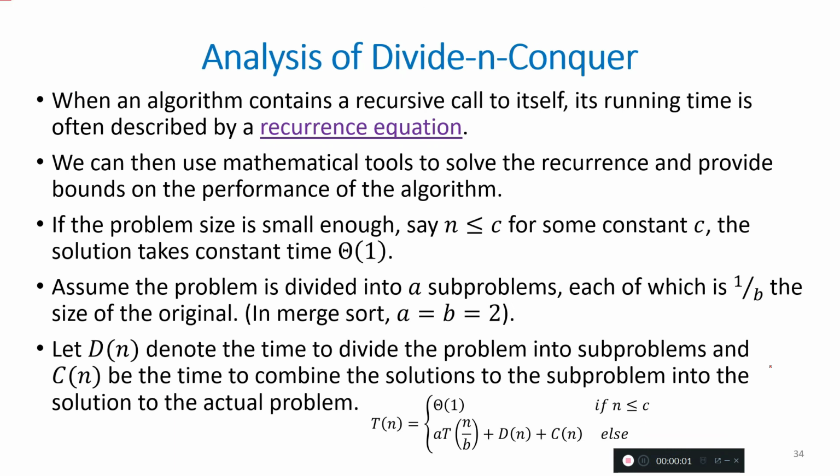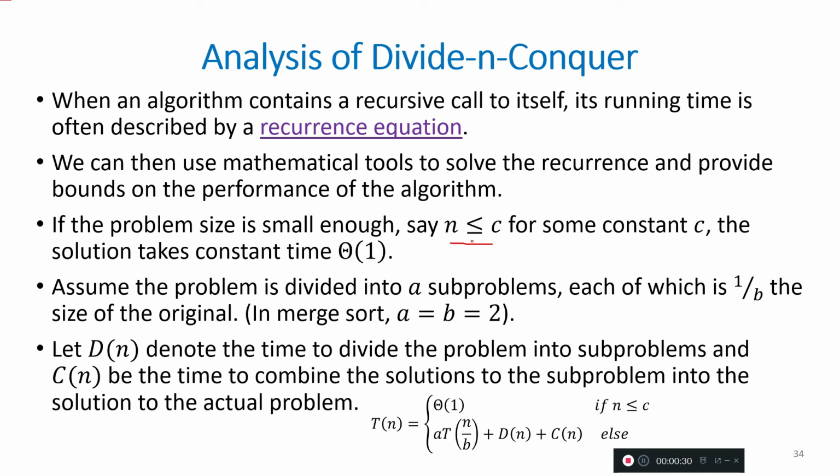An algorithm that is designed using divide and conquer approach will contain recursive calls to itself. To find the running time of such algorithms, we use what is called the recurrence equation. So if we have a problem of small size, say n is less than or equal to some c, where c is a constant, then we would say that it takes some constant time to actually find the solution to that problem.